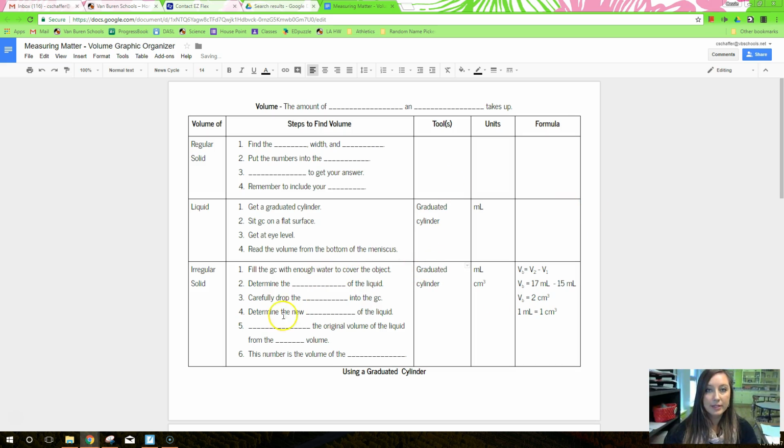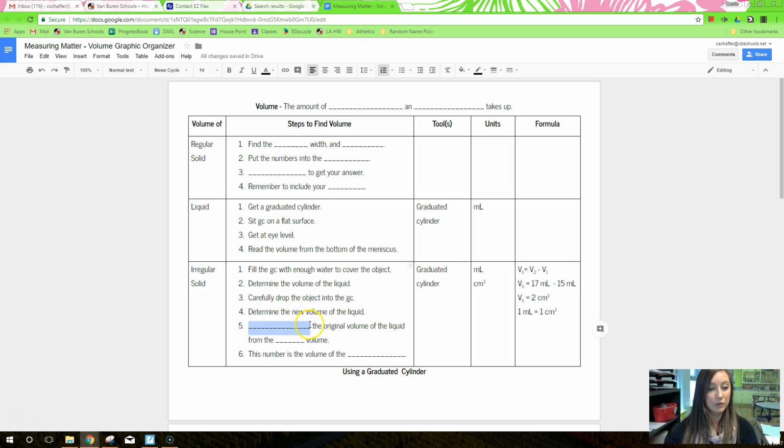If we go through these steps one more time, the first thing that I did was fill the graduated cylinder with enough water to cover the object, and determine the volume of the liquid that I put into that graduated cylinder. I'm going to carefully drop my object into the graduated cylinder and determine the new volume of the liquid.